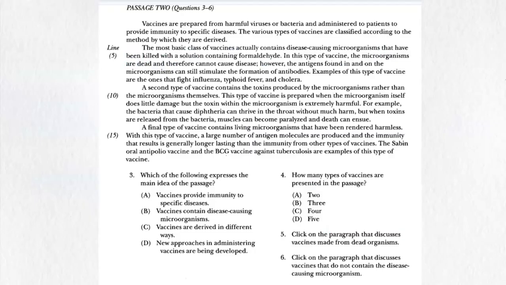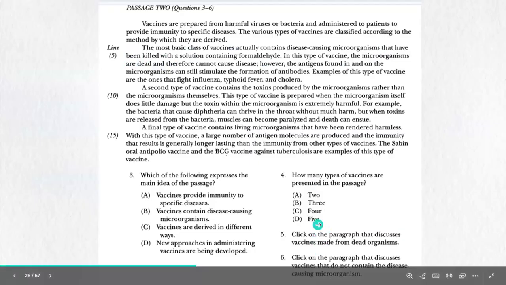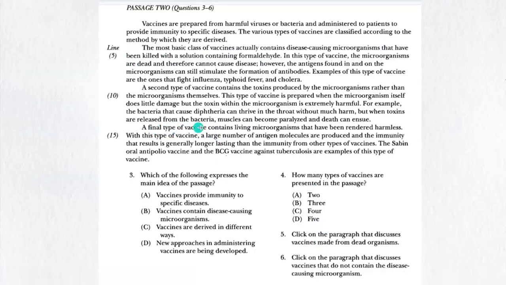And number 6 is paragraph 3. Paragraph 3, it says, contains living microorganisms that do not contain disease-causing microorganisms that have been rendered harmless.